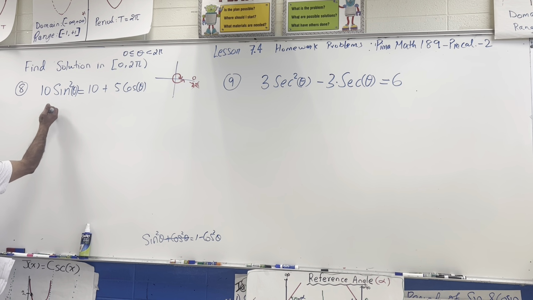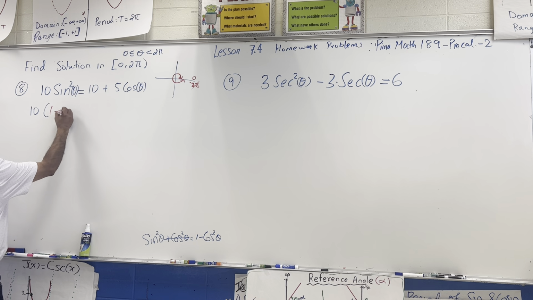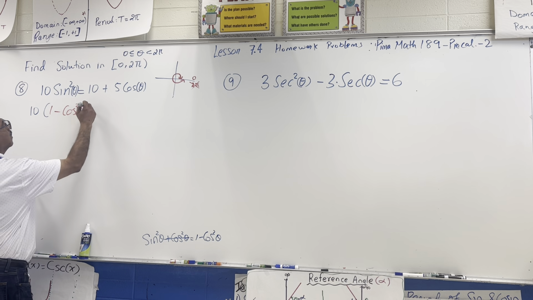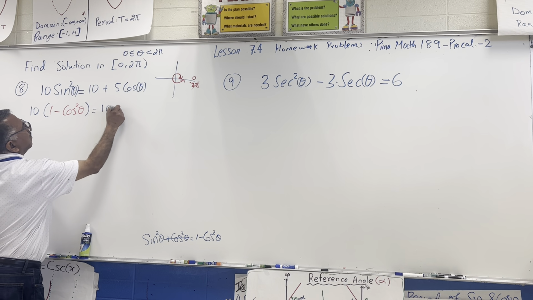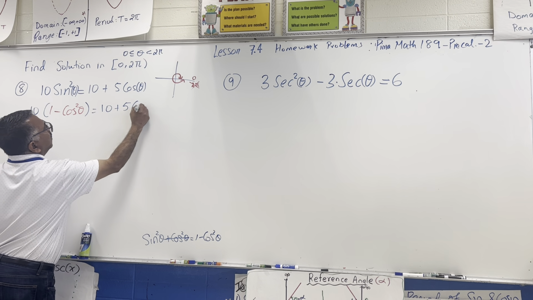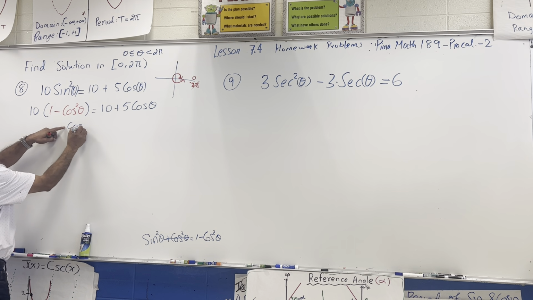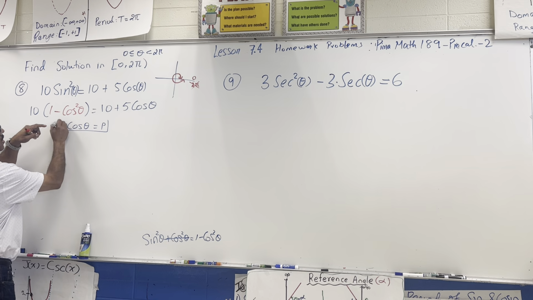So let's replace this. It will be 10 times 1 minus cosine squared theta equals 10 plus 5 cosine theta. Now let's use p for cosine theta to make it a little easier.